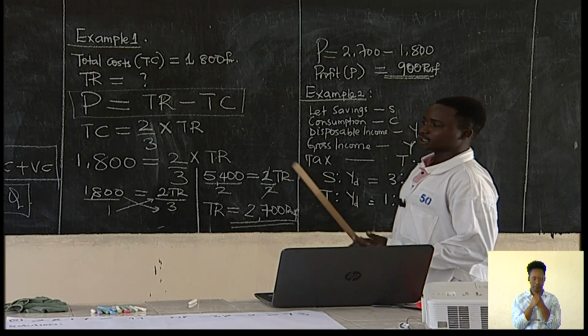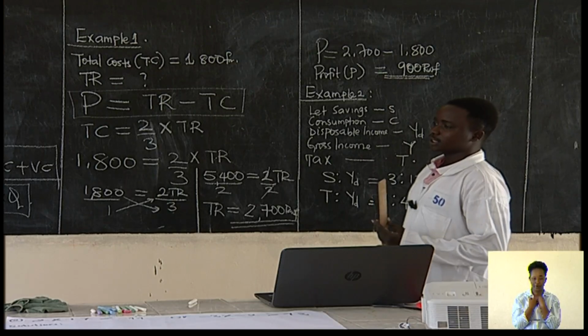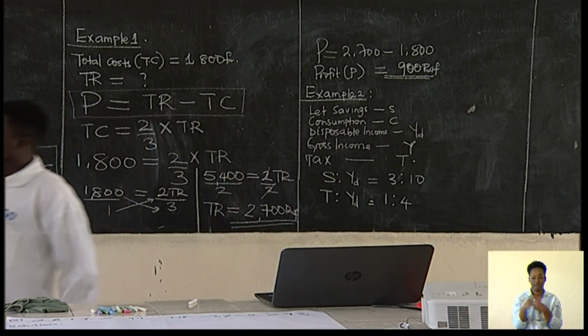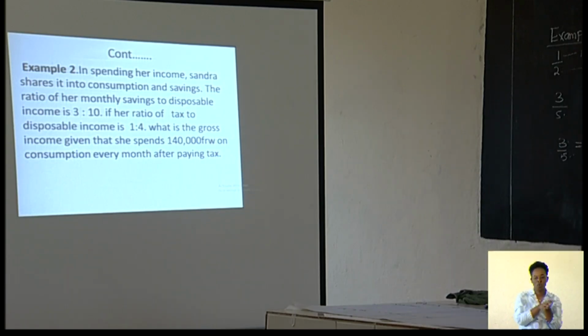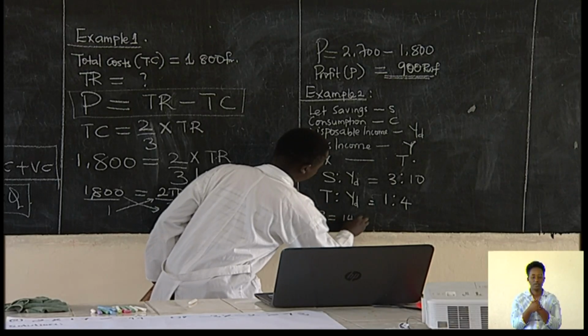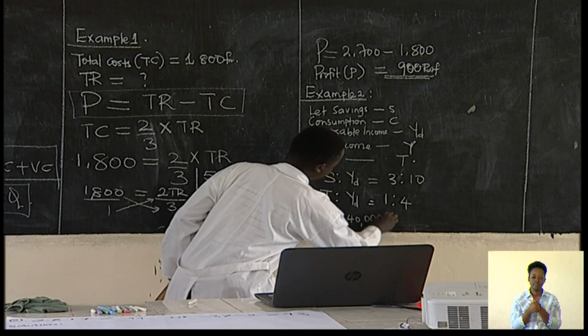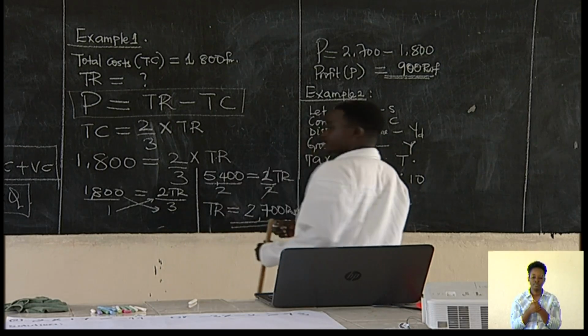And they are telling us, again, that every month she spends 140,000 on consumption. So we have our consumption as 140,000 francs.